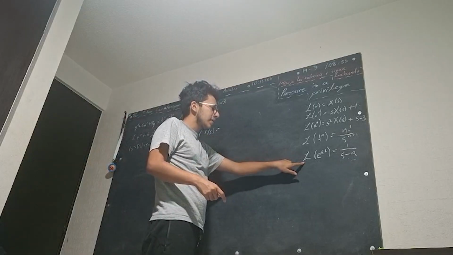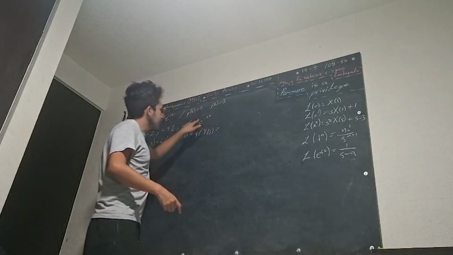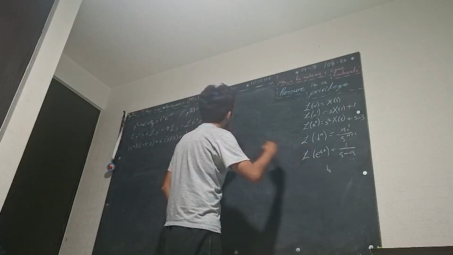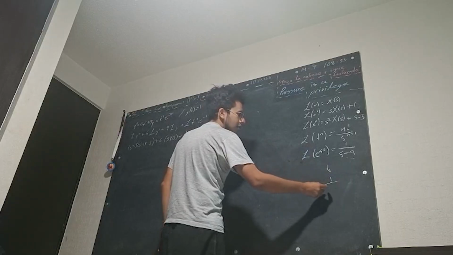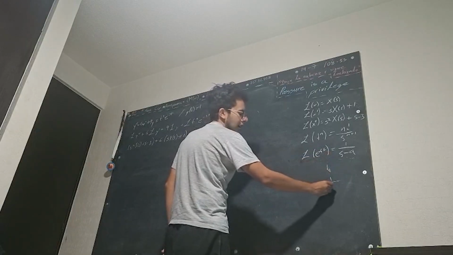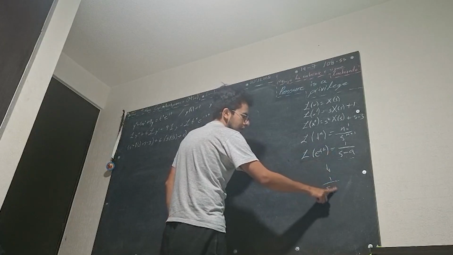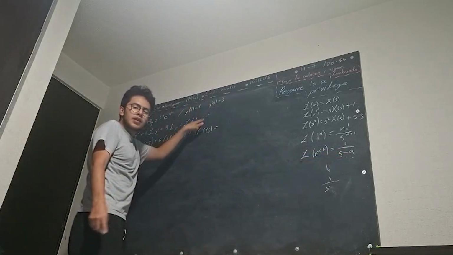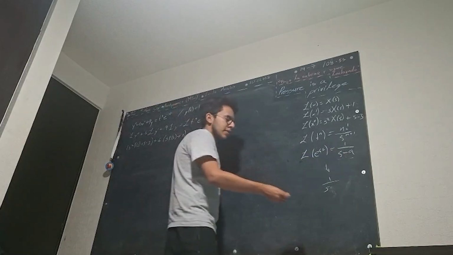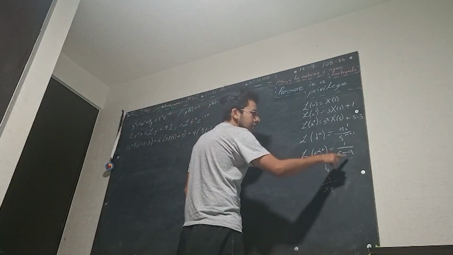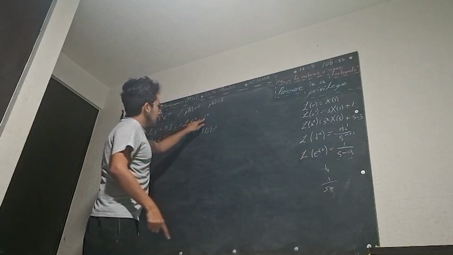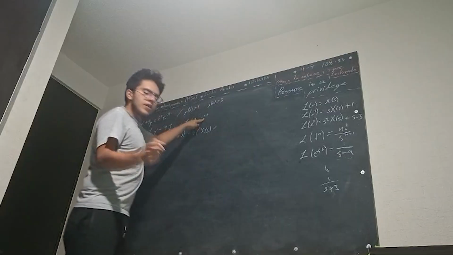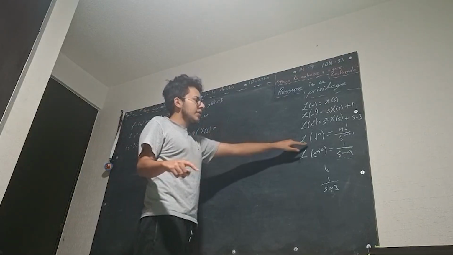So we have this that we will solve for e. In this case, the formula tells us, and we will be applying, that it is 1 over s, the essential formula. In this case it tells us minus, but since it is minus times minus, it will give us plus. So in this case a in this equation is 3, so we will have 3. But since it is a composite Laplace transform, we will be applying this.